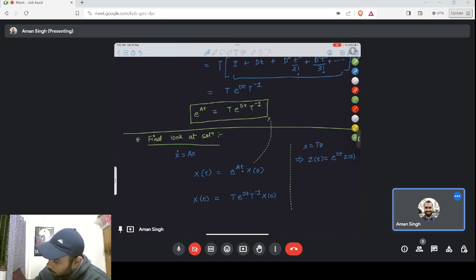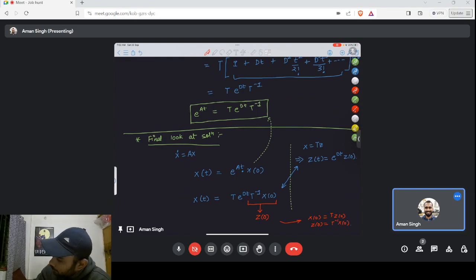Correct? Now let's see how these two are related. If you see, T inverse x naught is actually z naught. Why? Because x naught is equal to T z naught, and z naught is equal to T inverse x naught.